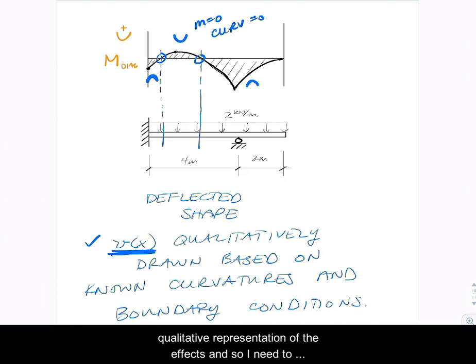And so I need to stick to my boundary conditions. I know at the roller, I'm going to have 0 transverse deflection. I know at the wall, I'm going to have two things: 0 transverse deflection and 0 slope. So let's work our way across the beam. I'm going to end up with something that has a negative slope to it, transitioning then to a region with positive slope.